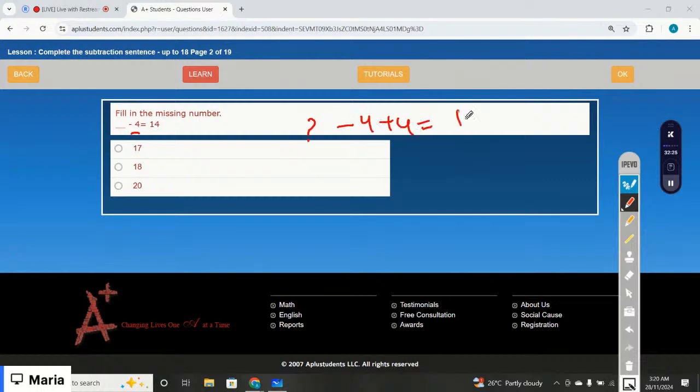Add 4 both sides because you have to remove 4 from here, right? So 4 minus 4 is 0, and 14 plus 4, you have to add 4 both sides.